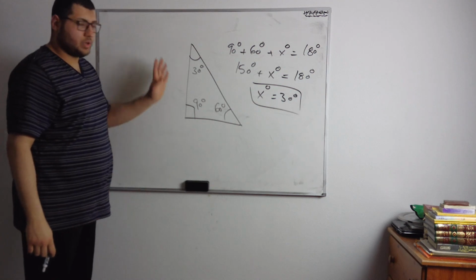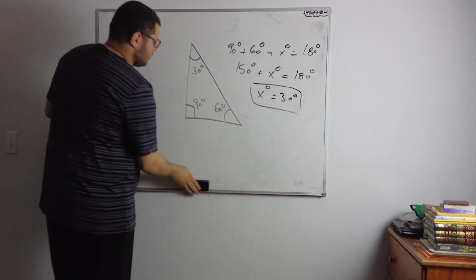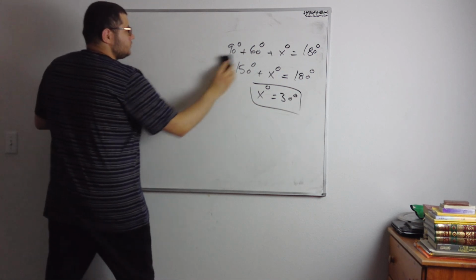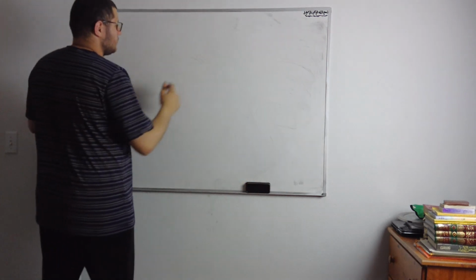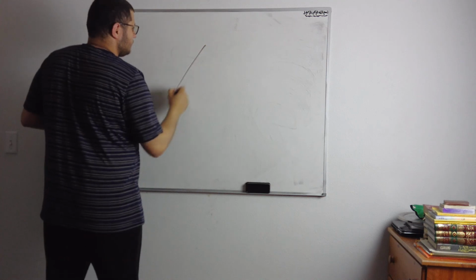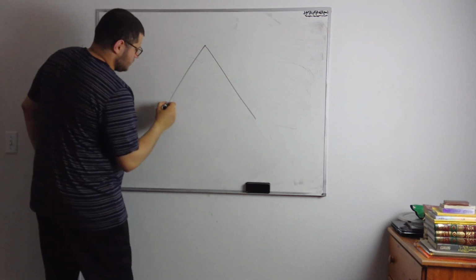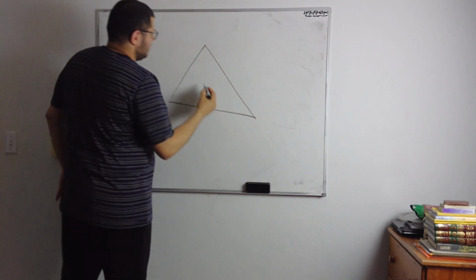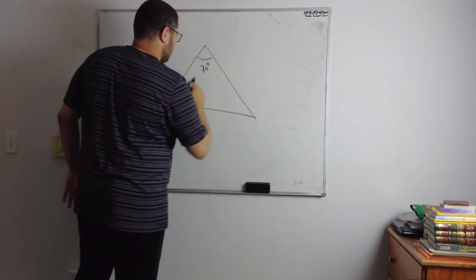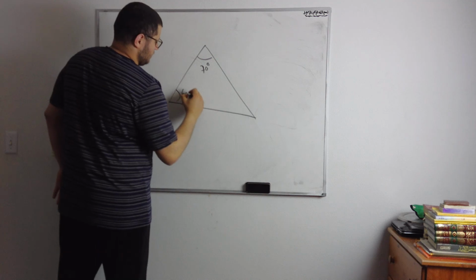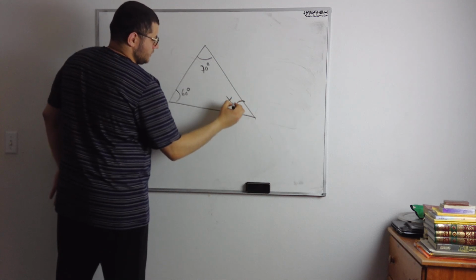Awesome. Let's try one more example. Let's say this was 70. This was 60. We're trying to find x.